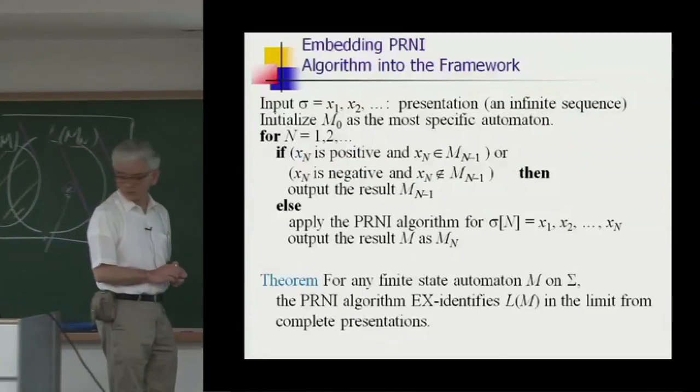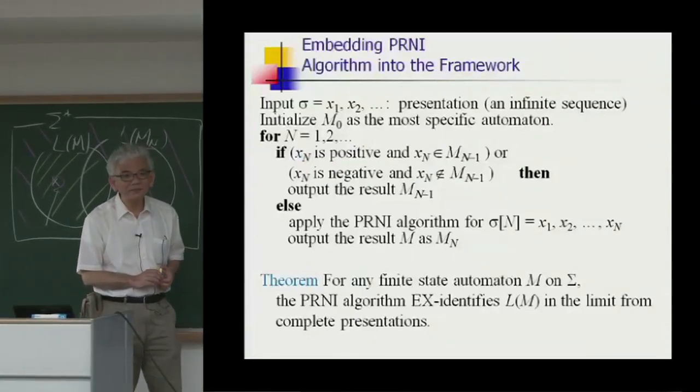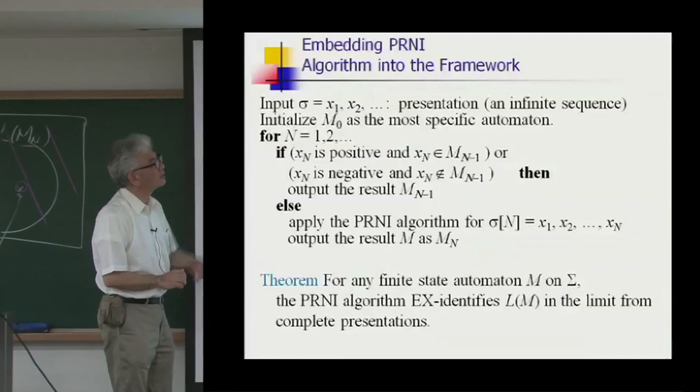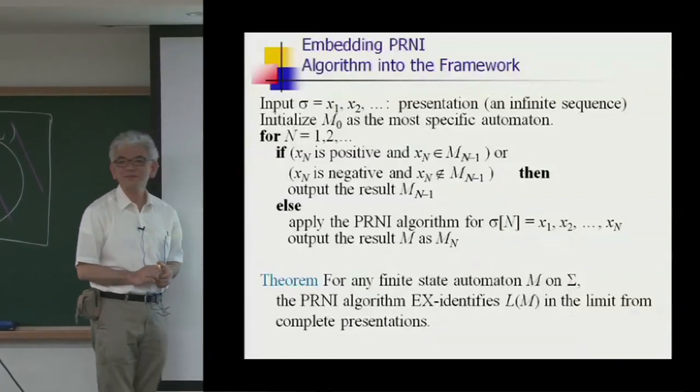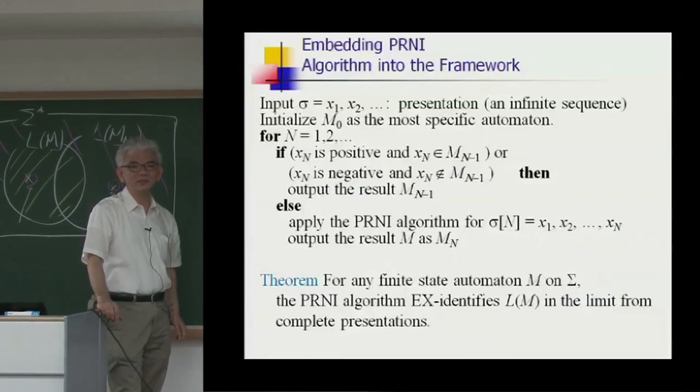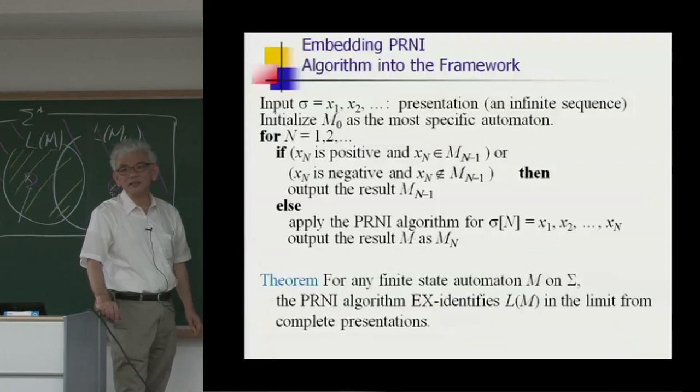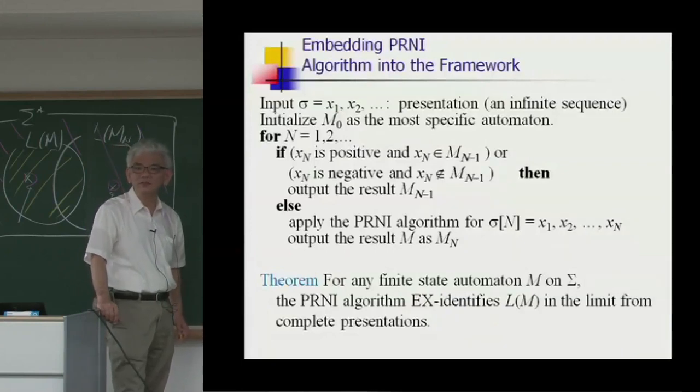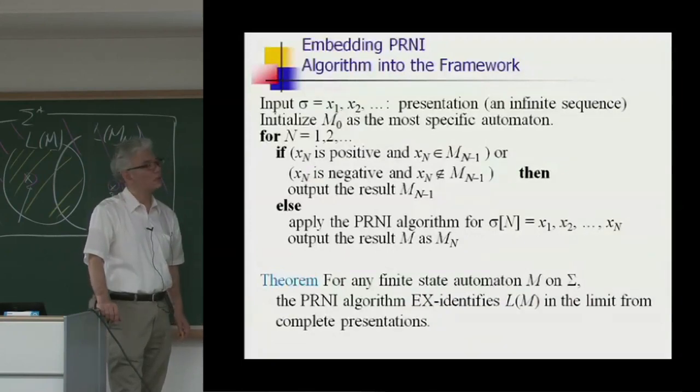Okay. Then second is the linear algorithm, is it also the property of identification in the limit, EX identification in the limit, or not? And the answer is yes.